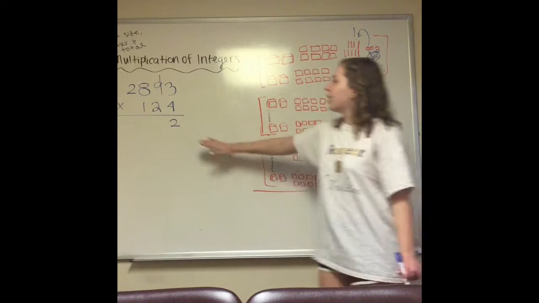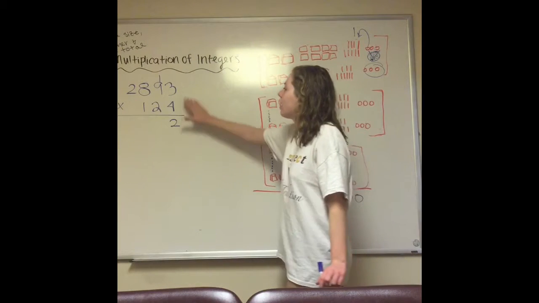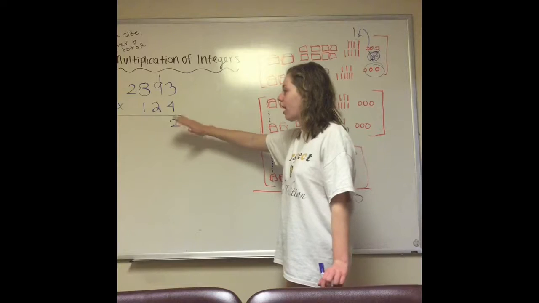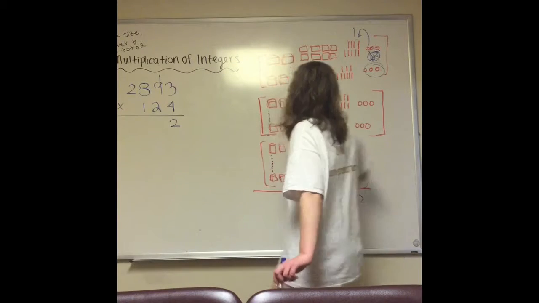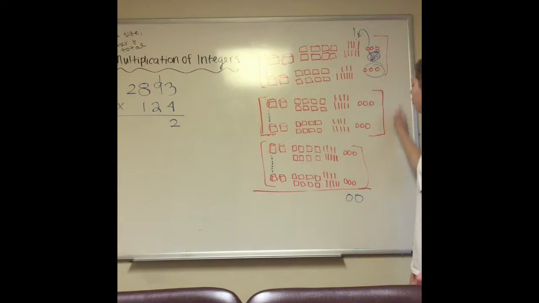And if you look over here, that's exactly what we did, because taking our 3 times 4 got us 12, carrying that 1, and as we did over here, bringing those 2 singles down, carrying that, and regrouping the leftover of our singles.